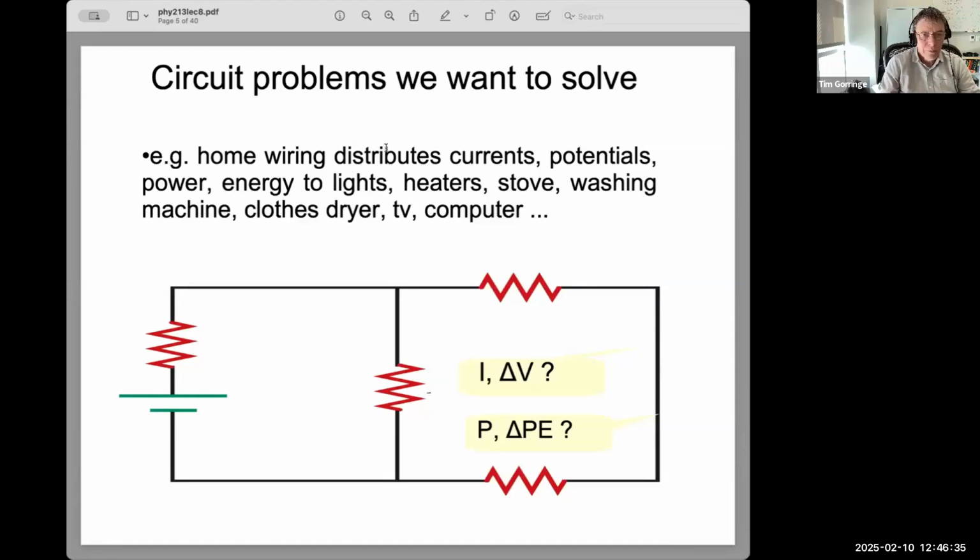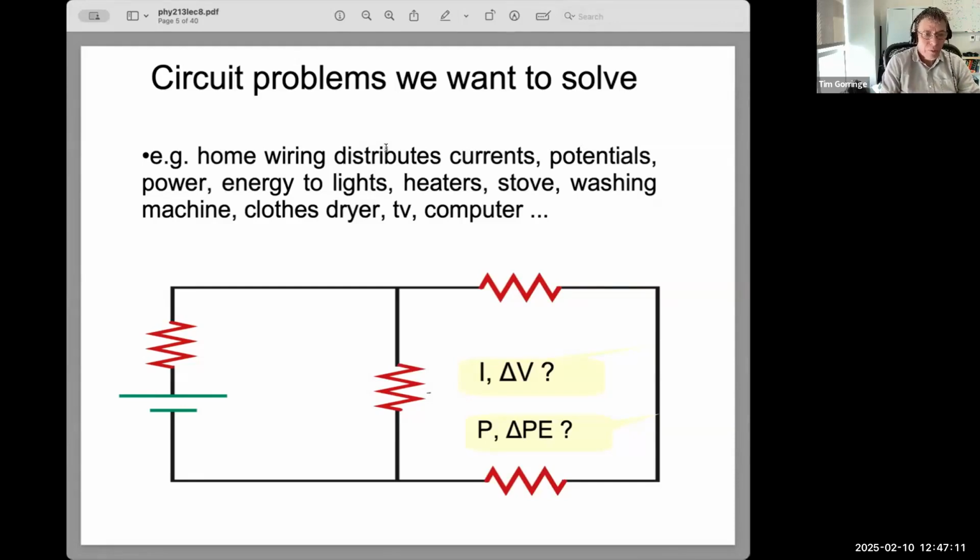If you want to imagine the type of circuit that we want to solve, as an example, imagine the electrical circuits in your home. They distribute electrical current, electrical potentials, electrical power, and energy to various components in your home: to the lights, to the heaters, to the stove, to the washing machine and the clothes dryer, and to the TV and computer and so on.